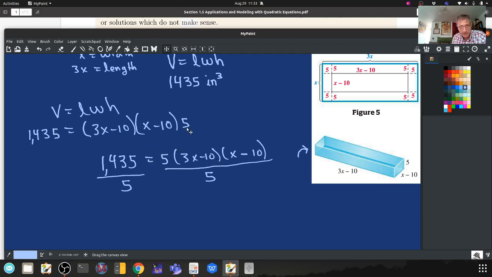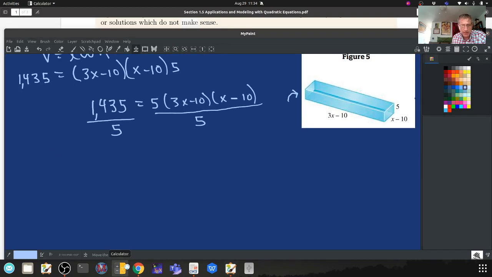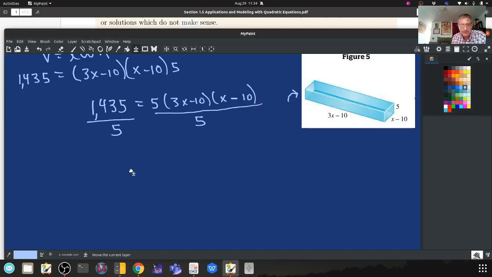And since this is a constant, this is 5, and this ends in 5, I know that 1,435 is evenly divisible by 5. Once we did the division, which I'm okay that you do it in a calculator, 1,435 divided by 5 is going to give us 287.